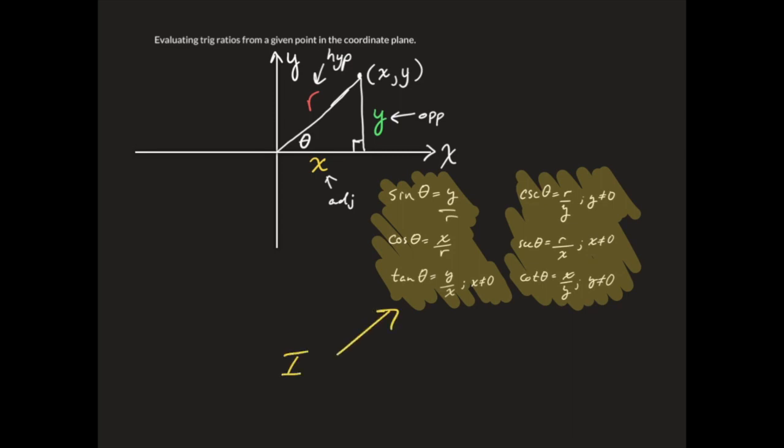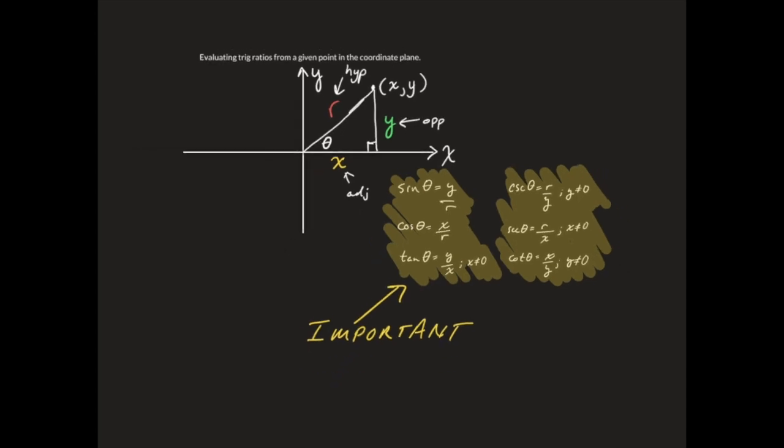These rules are very, very, very important. It's through these definitions that we can find the trig ratios of any point that lands in any quadrant, even the ones that land directly on the x or the y axis. All right, so we're going to take a look at our first example. So we have that out of the way now.